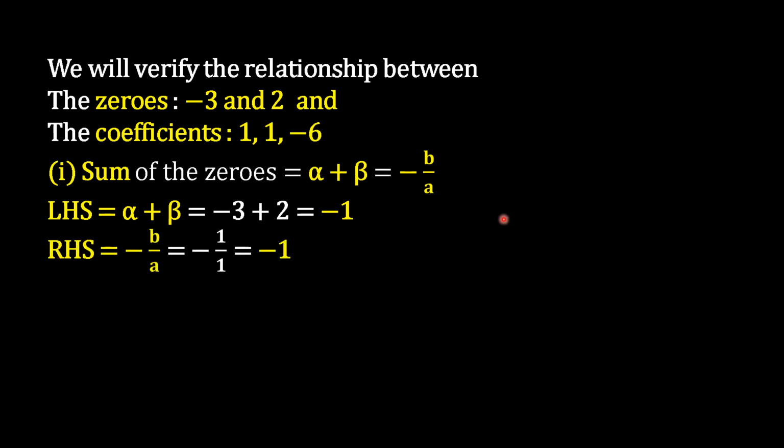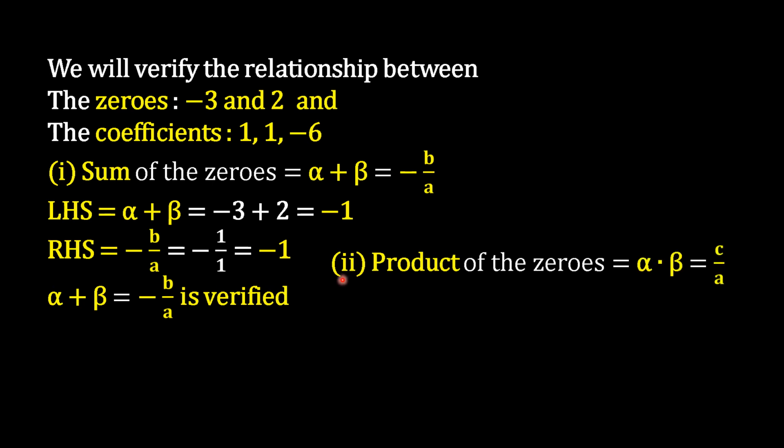Right hand side -b/a will be -1/1, which will be -1. Here, since left hand side and right hand side both are equal to -1, our first relationship alpha + beta = -b/a is verified.